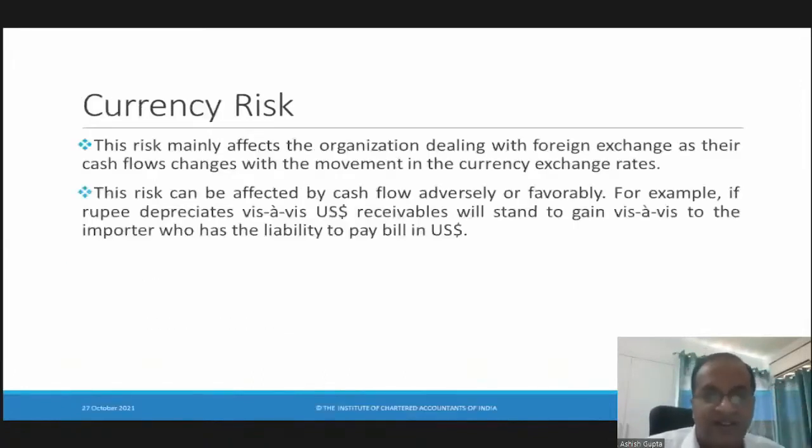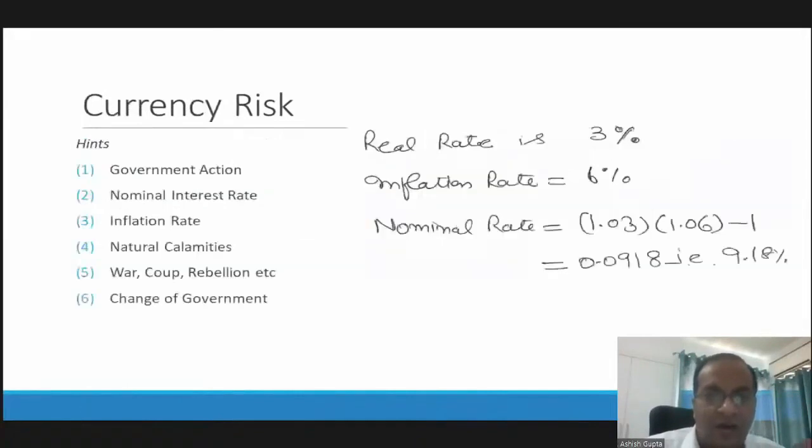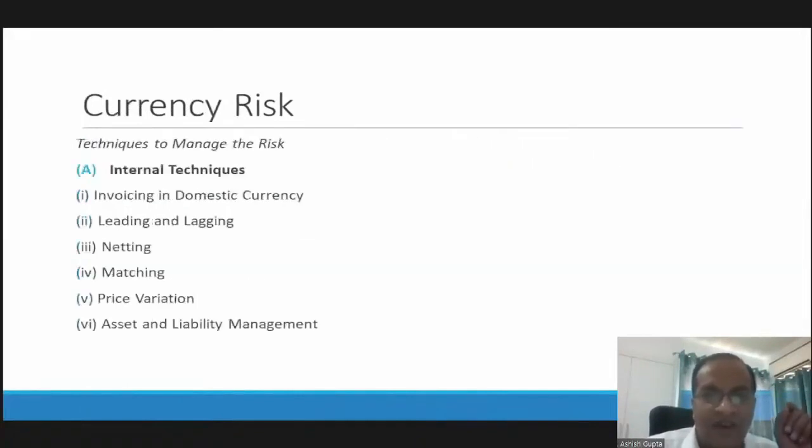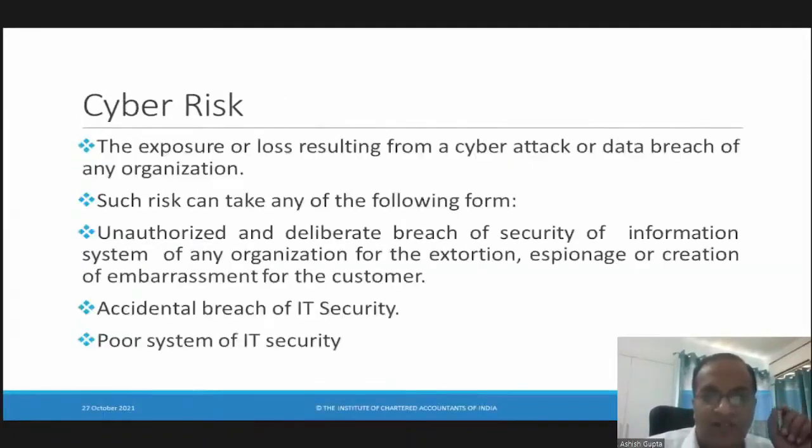Interest rate risk and currency risk will all be discussed when we take up the topic of foreign exchange. Before I end the session, I am discussing with you one of the important risks. It has not been covered in your study material, but it is one of the very important risks.